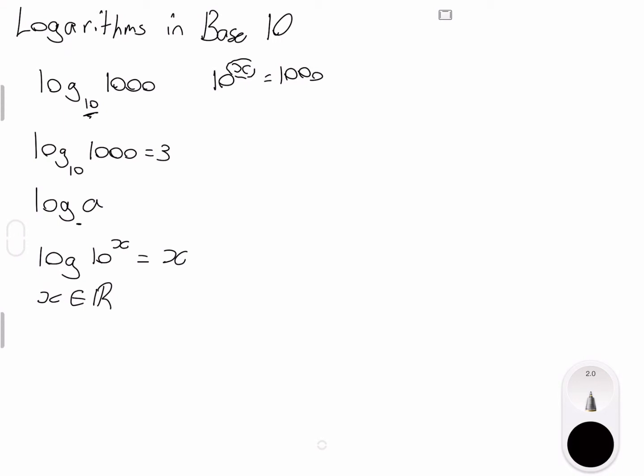If we were to graph y equals 10 to the power of x, we'd have an exponential graph. So how can we expand on this just a little bit?